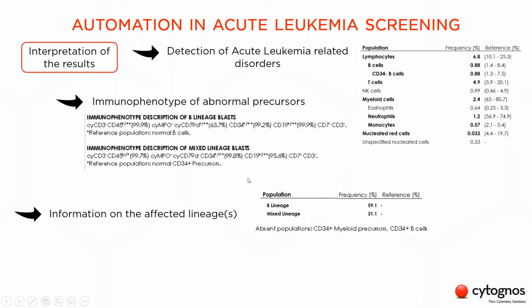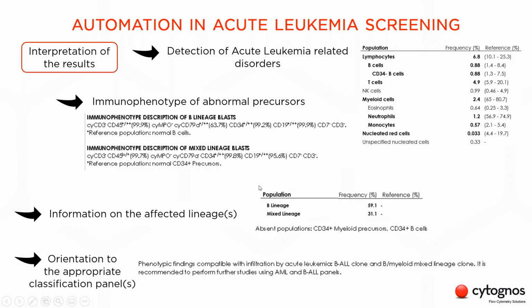And additional information on the present or missing populations of the sample. And what is more important, we also get information on which panel to run next for further classification of the disease. Okay, that's for the acute leukemia screening.